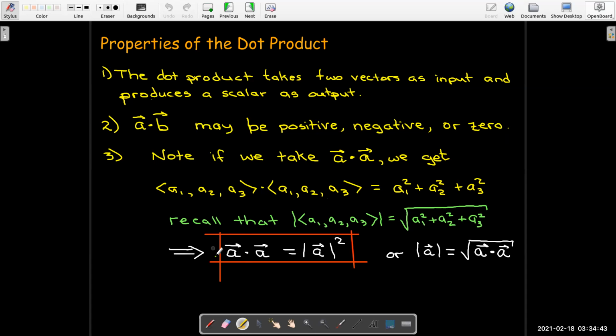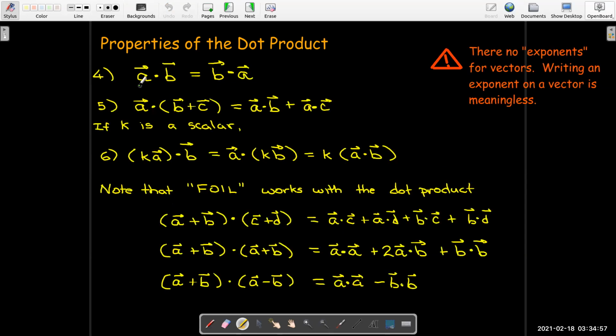And then super important is that a dot product of a vector with itself is the same as the square of its length. What else did we learn? The order of the dot product doesn't matter. That's a commutative property.